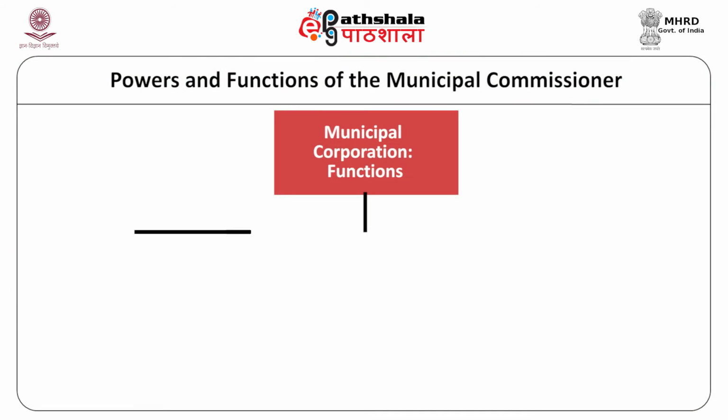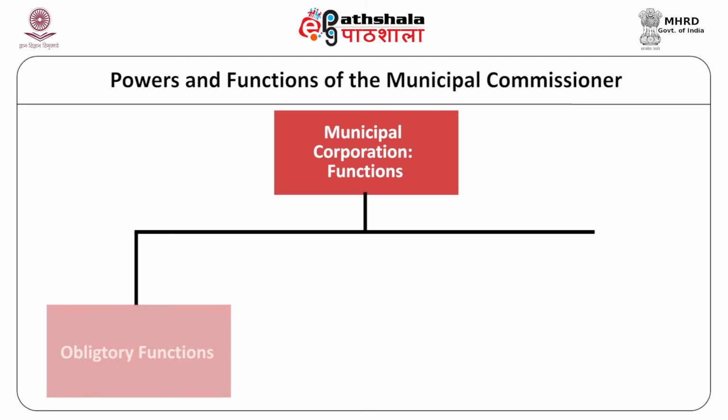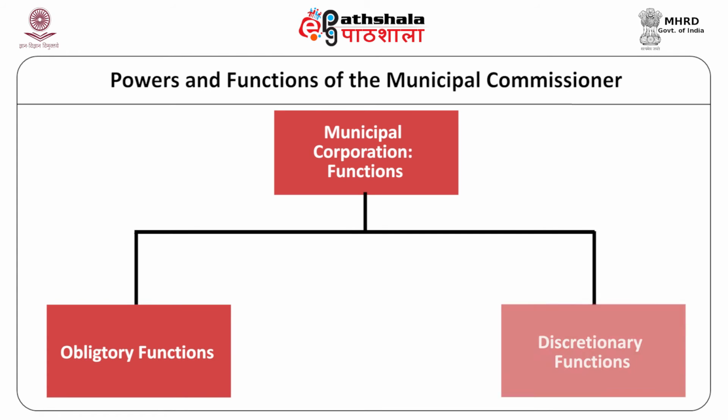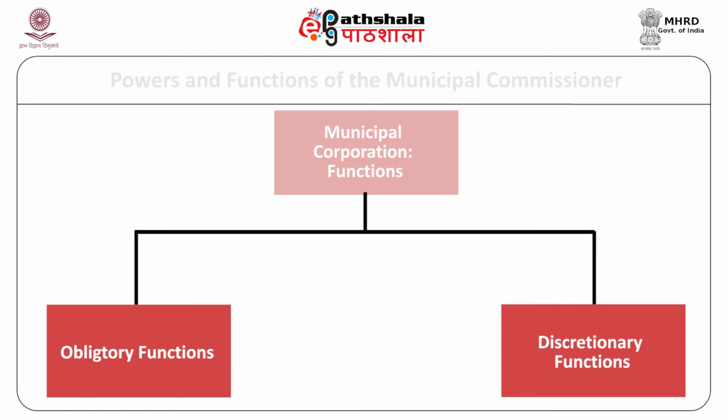The functions of the municipal corporation are divided into obligatory functions and discretionary functions. The obligatory functions are compulsory to be provided, and the discretionary functions may be provided in case the municipal corporation has enough resources. Let us list the obligatory functions.